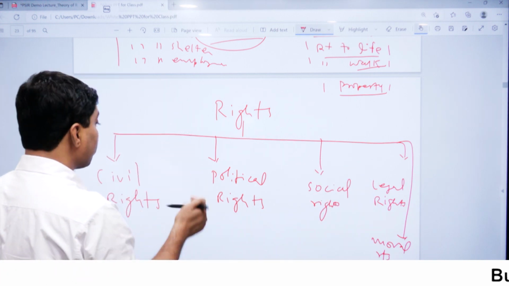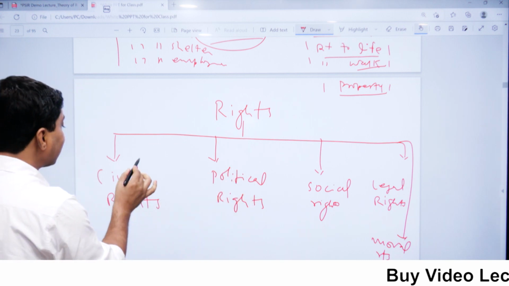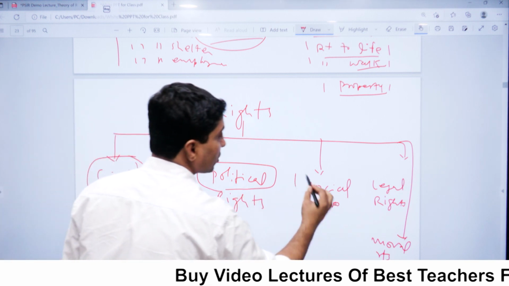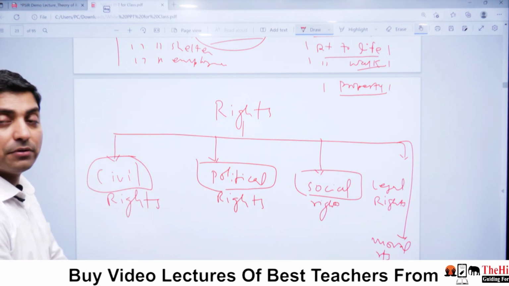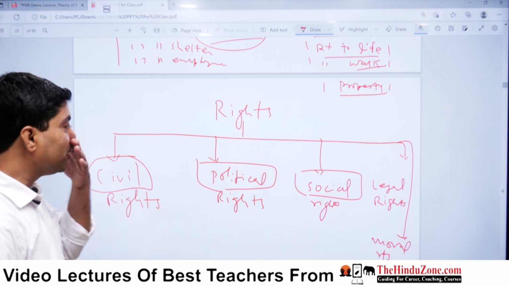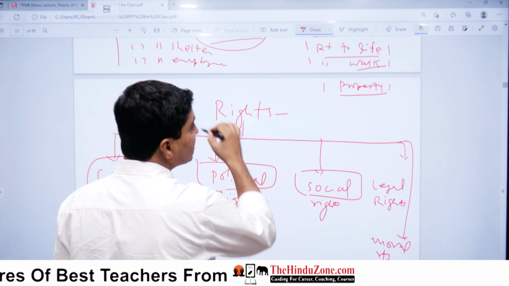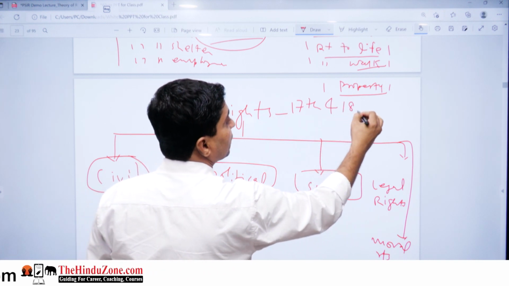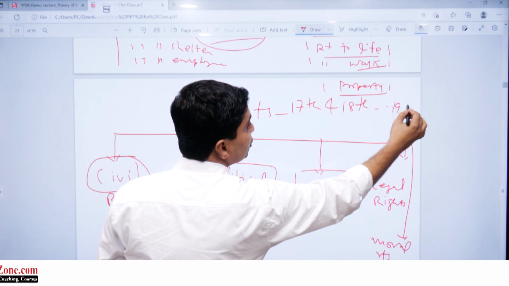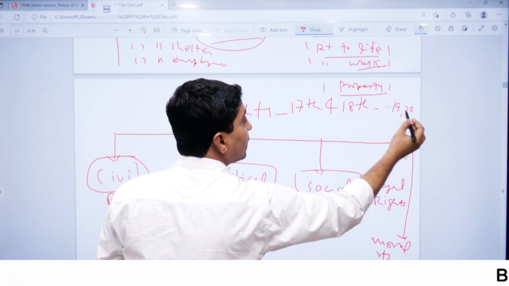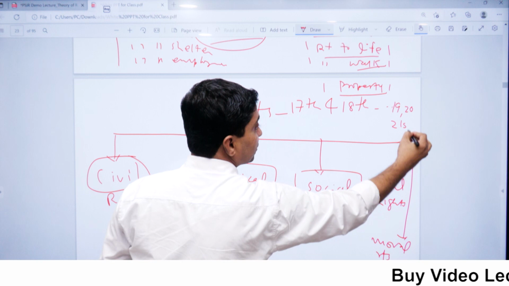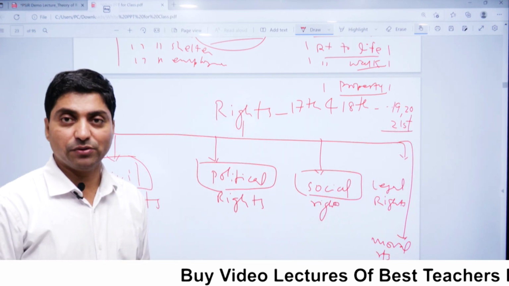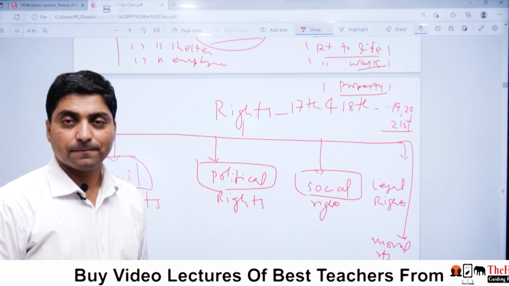Now if you look at all these categories of rights, especially civil, political and social, these rights evolved over a period of time. I told you that rights as a concept emerged in the 17th, 18th century, and it also evolved in the 19th century, 20th century, and it is evolving again in the 21st century. Now women are fighting for the right to abortion in the US.